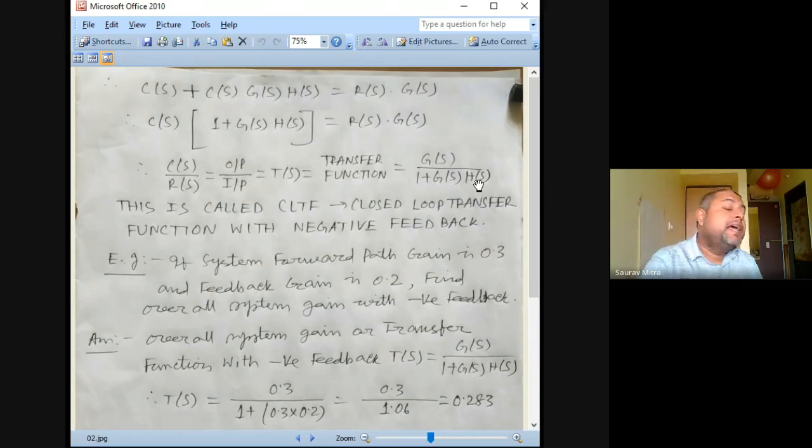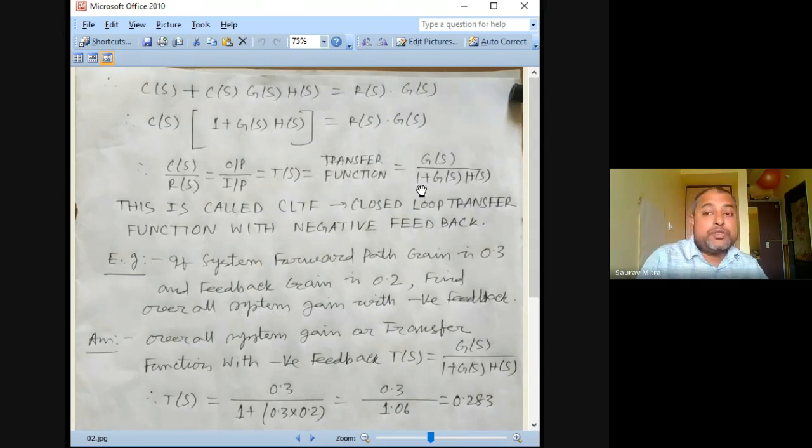Very important thing. Throughout this second module of our syllabus, because most of the systems are with negative feedback only, we will always be finding out what is G by 1 plus GH. So either you can say GS by 1 plus GSHS, or you can say G by 1 plus GH. And the most important thing is, if the feedback is negative, then this sign comes out to be positive.